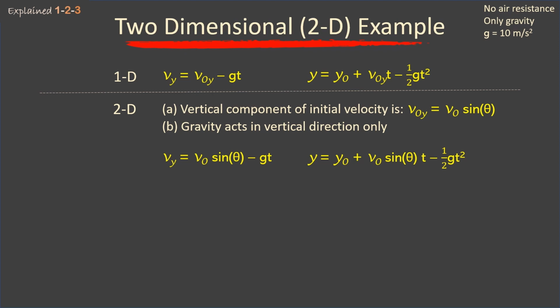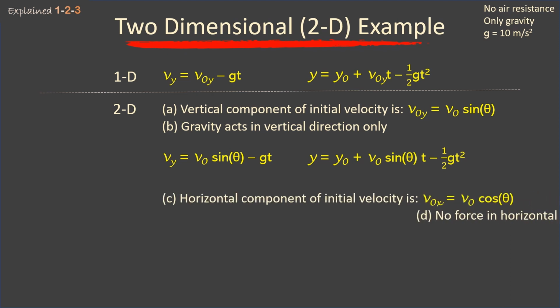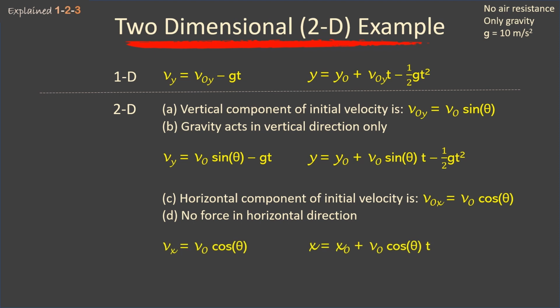Here's the new portion in 2D. The projectile also travels in the horizontal x direction. We have the horizontal component of the initial velocity, v sub 0x, equal to v sub 0 times cosine theta.